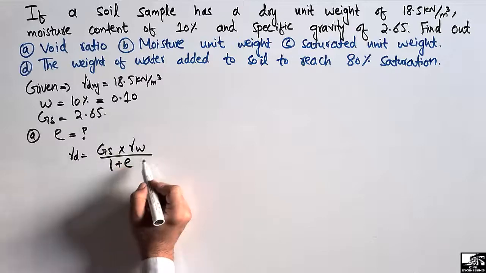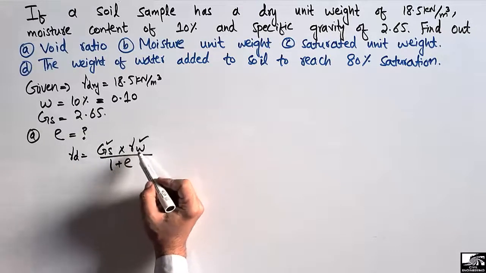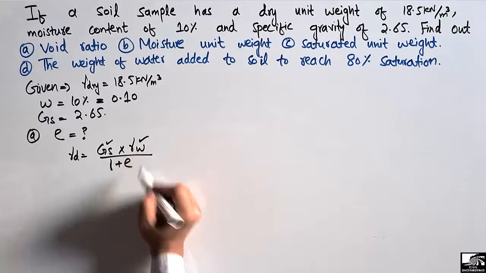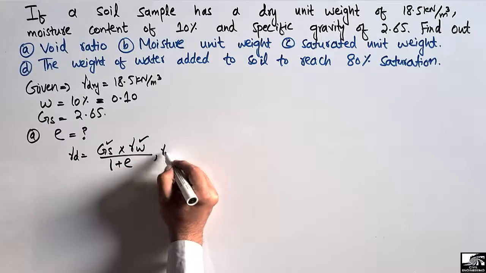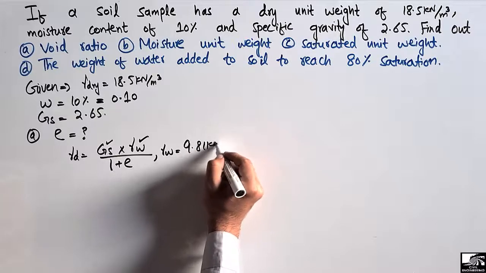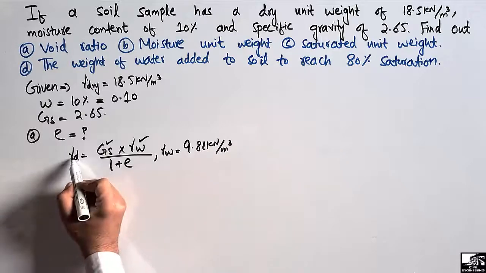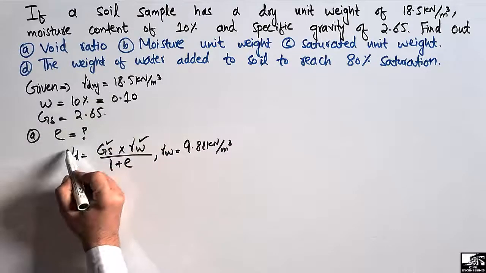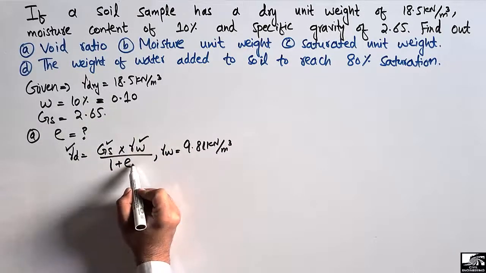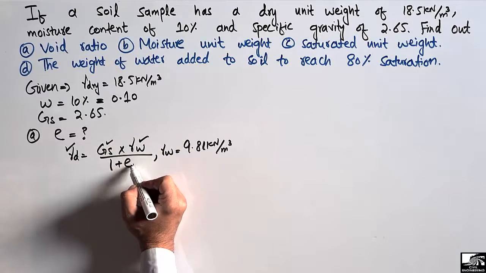Now in this equation we have Gs, the specific gravity, and we have gamma W. Gamma W is the unit weight of water, and it should be kept in mind that it is 9.81 kilonewton per cubic meter. Gamma D, which is the dry unit weight, is also known to us. So the only unknown is e. That's why I use this equation in order to find out the void ratio.